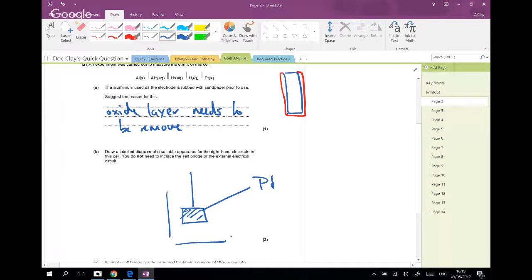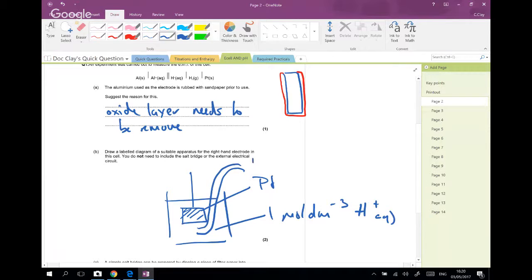You're going to have a solution which is going to have one mole dm-3 of H+ ions, or you could say half a mole dm-3 of H2SO4, and then into there you're going to have hydrogen, H2, bubbled at 1 atmosphere pressure. So they're the key points. It doesn't need the rest of the external circuit.